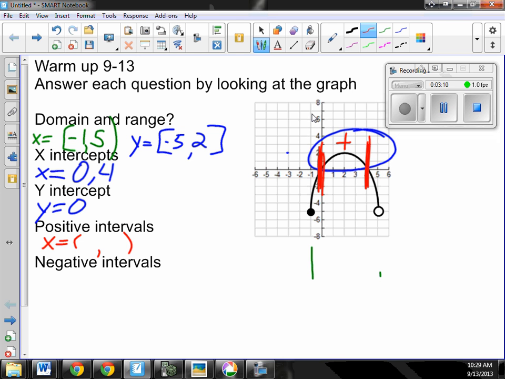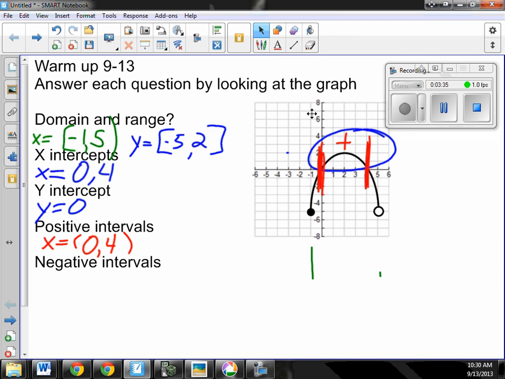Does 0 actually count? No, because 0 is on the x-axis. And if you're on the x-axis, you're neither positive nor negative. So it's from 0 all the way up to 4. And we don't include 0 and we don't include 4. Okay? All right.